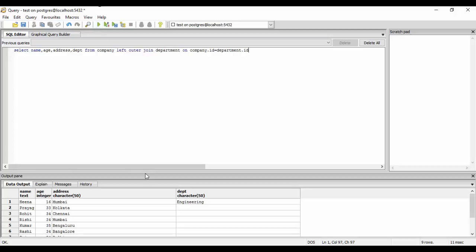As you could see now, the company table was left outer joined on the department table.